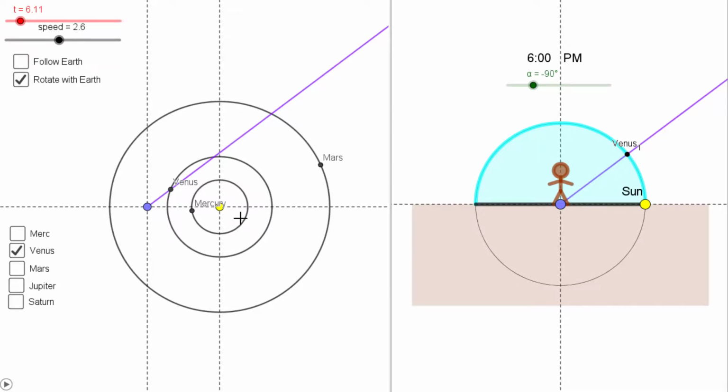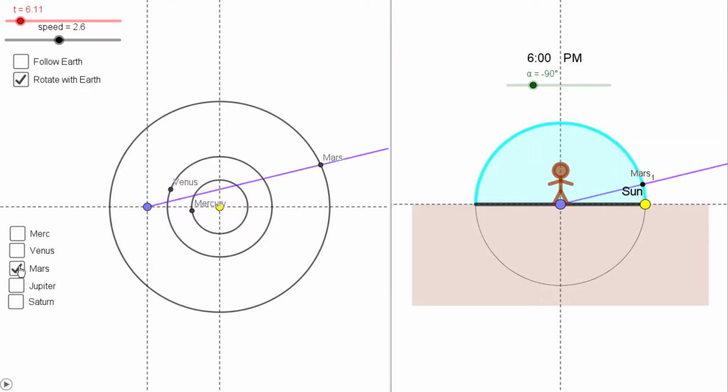Okay. Now, let's go to Mars. In the case of Mars, remember, in this coordinate system, in this frame of reference, we have Mars moving backward in this circle. It's just moving in a circle, but we are turning the chalkboard to follow the Earth.